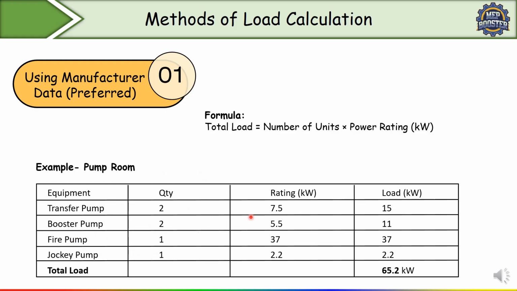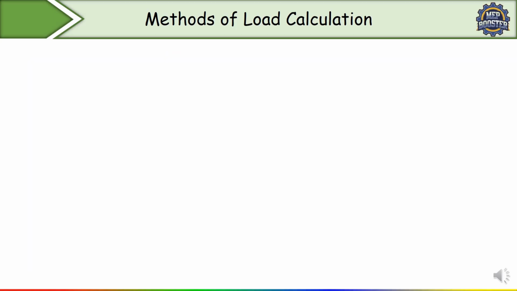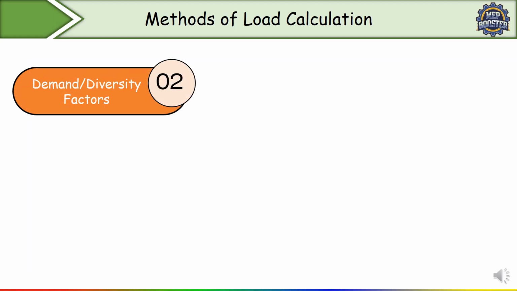The rating of each transfer pump is 7.5, so the total load of the transfer pumps is 15. The total load which we have calculated is 65.2 kilowatt. Simple, you need to use the manufacturer data to calculate the mechanical equipment load. And the second is the demand or diversity factor.